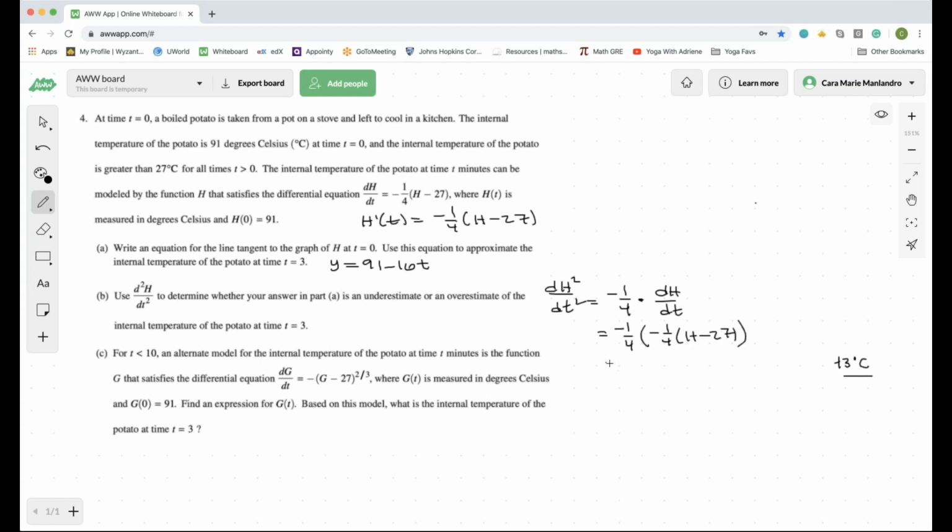All right, a little weird if you haven't seen this before. Okay, and then so we got 1/16 (h minus 27). Okay, and then how do we figure out if this is an overestimate or an underestimate?